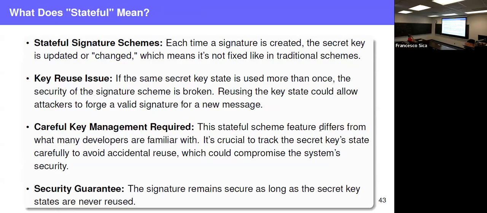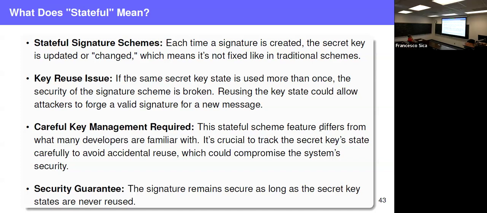But what does stateful mean? A key concept in XMSS is that it is stateful. This means that the private key changes each time you sign a message. If you reuse the same key, the security breaks down completely.